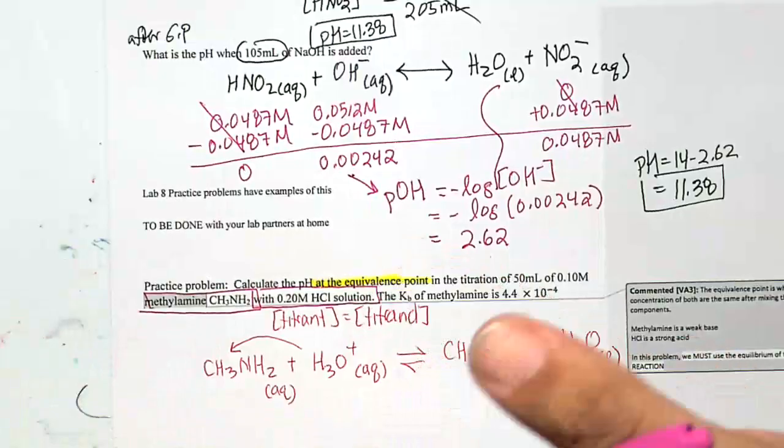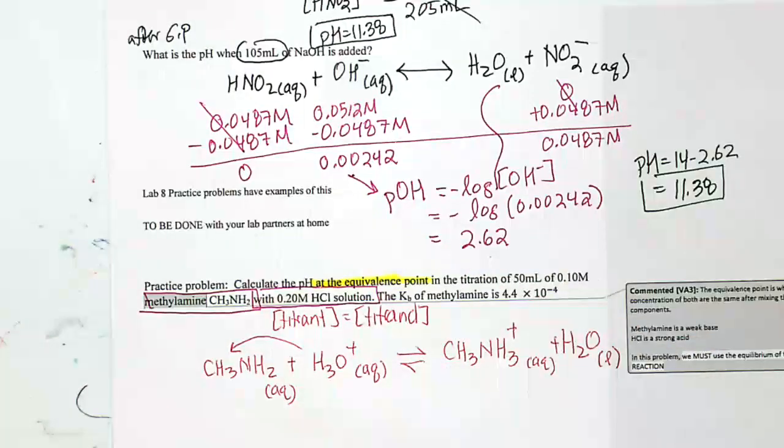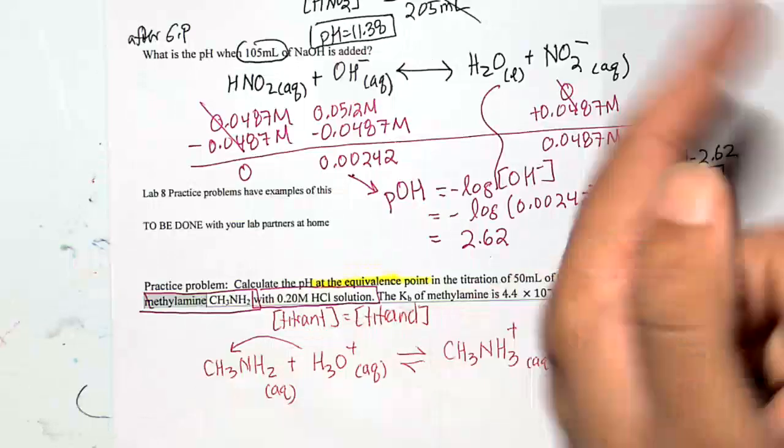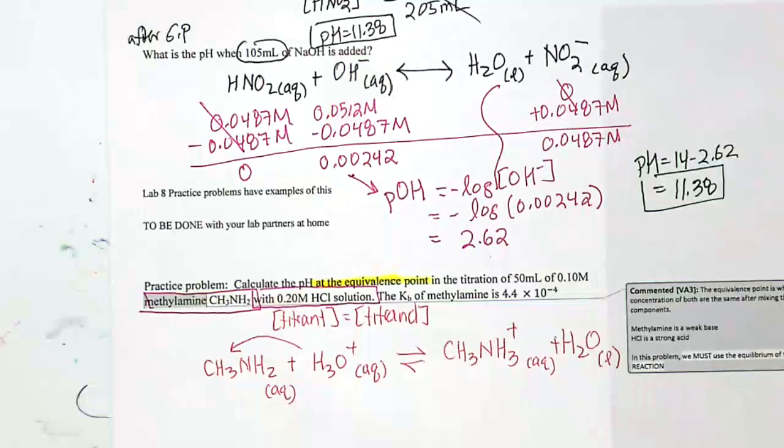With that, we'll calculate the concentration after mixing, and like Carolina said, we'll use the back reaction. I'll let you do that, and I'll post the answer up. Then let's move on to Ksp here. Calculating the pH at the equivalence point: which type of reaction will you use, the forward or the back?